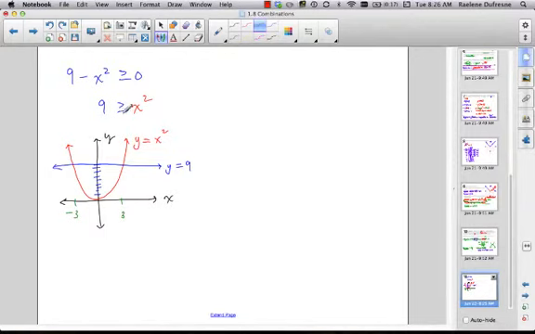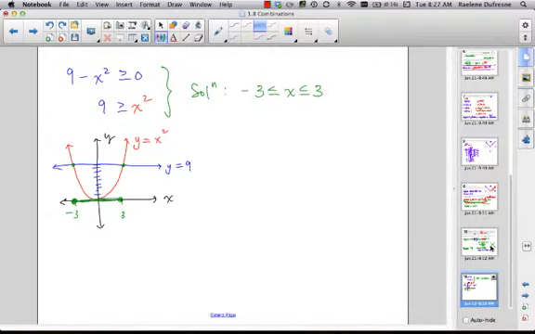We want the graphs to be equal in height, so we want to include those endpoints, and we want the red graph to be lower, which occurs between. Similarly, we want the blue graph to be higher, which occurs between. And so the solution of this is negative 3 less than or equal to x less than or equal to 3.